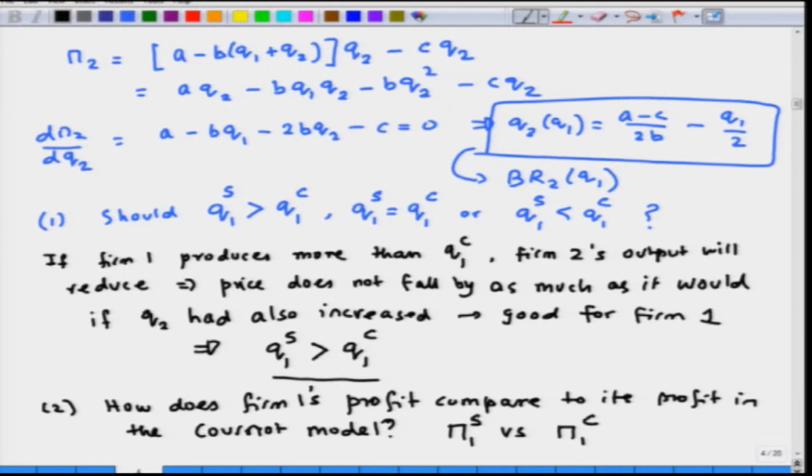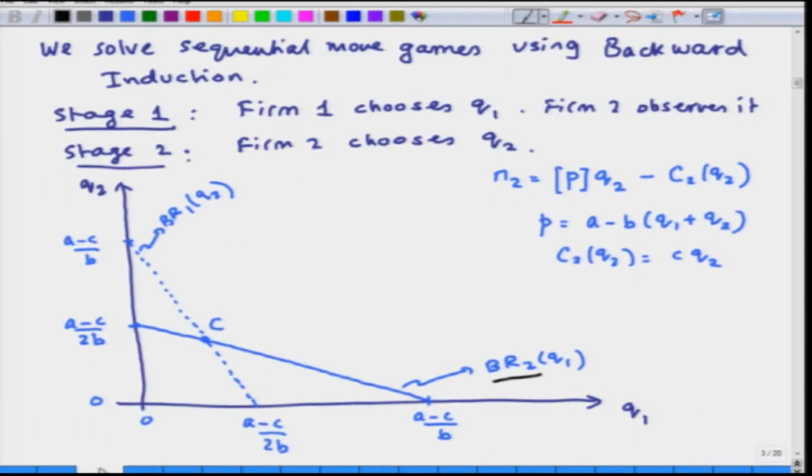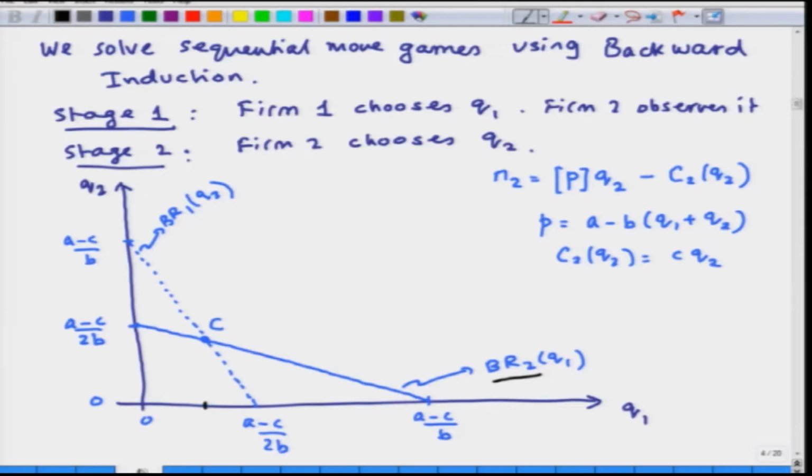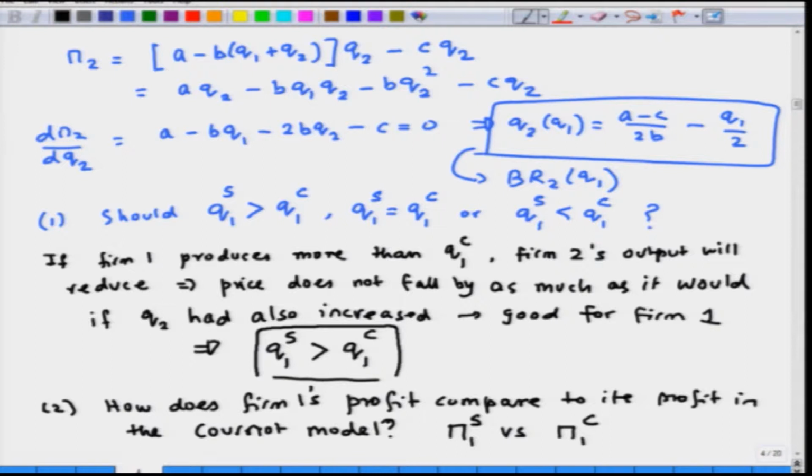Now, because firm 1 moves first, one choice that it had was to simply produce the Cournot level of output Q1C, right. So, firm 1 is moving first and it is free to choose a Q1. It could have chosen the quantity that it would have chosen had both the firms moved simultaneously. But the fact that Q1S is greater than Q1C tells us that firm 1 finds it more profitable to produce an output Q1S as opposed to producing Q1C.